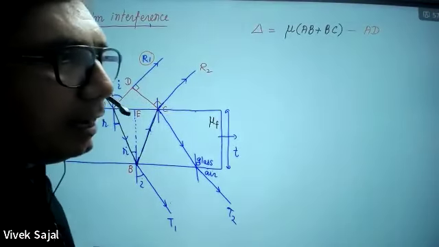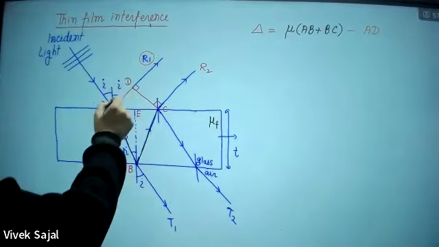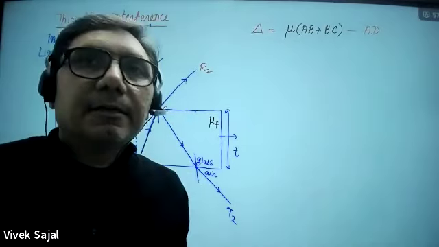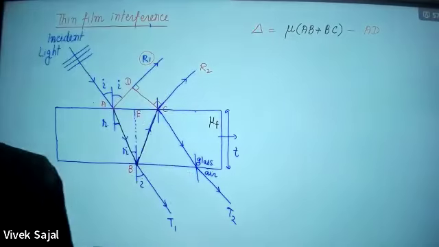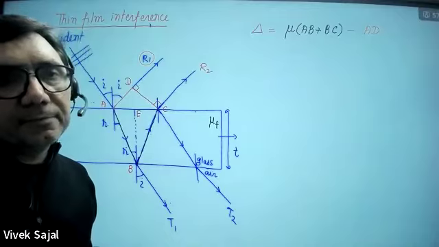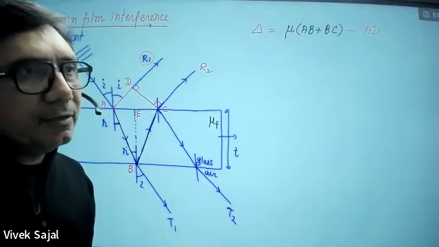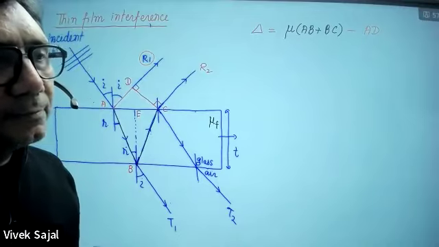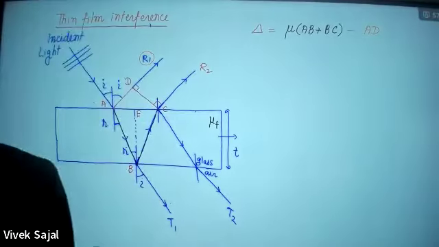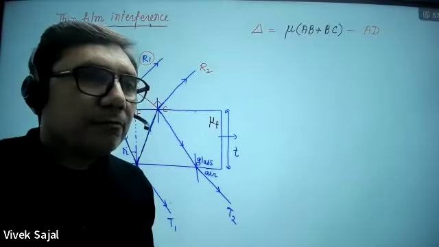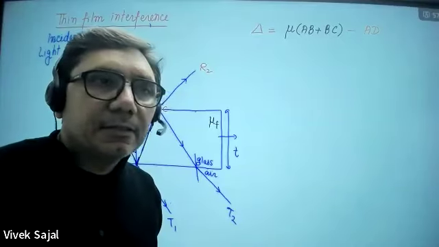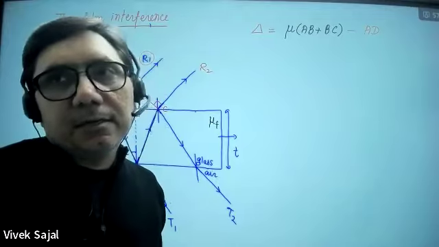Please write a note here. At the first reflection, this is the first reflection here, the first reflection is taking place at the glass surface, which is denser with respect to air.